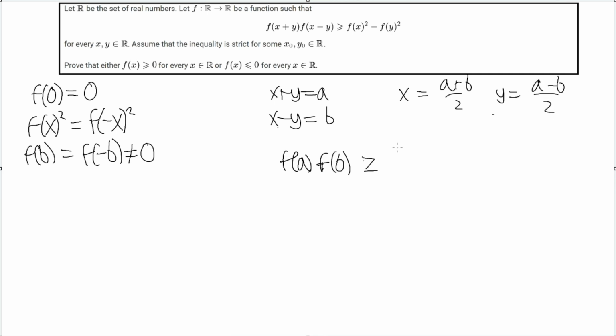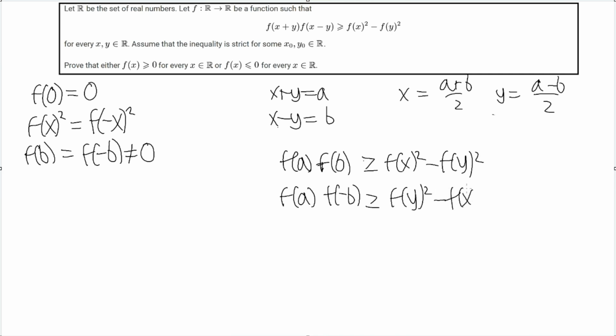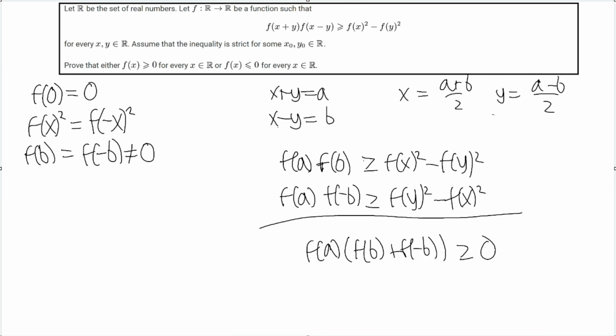But those don't matter for us, because then we end up getting f of x squared minus f of y squared. And similarly, f of a times f of negative b, by swapping the variables, is greater than or equal to f of y squared minus f of x squared. So we add the two and get f of a times f of b plus f of negative b is greater than or equal to 0. But then recall that this is not equal to 0, and f of negative b equals f of b.